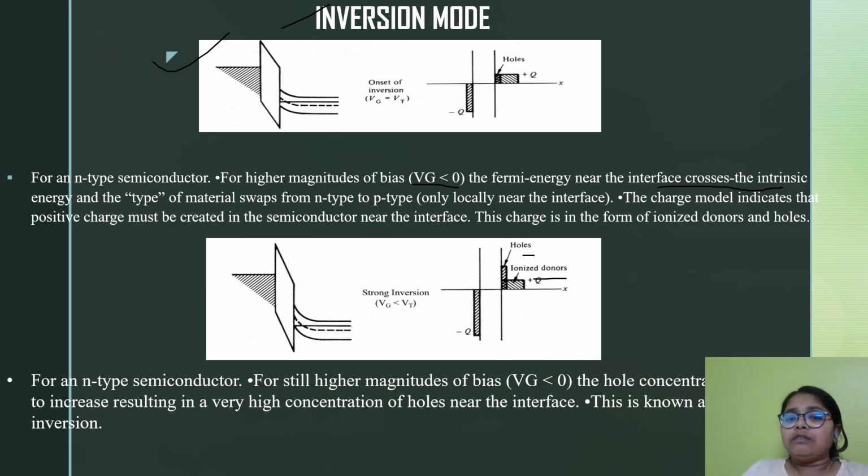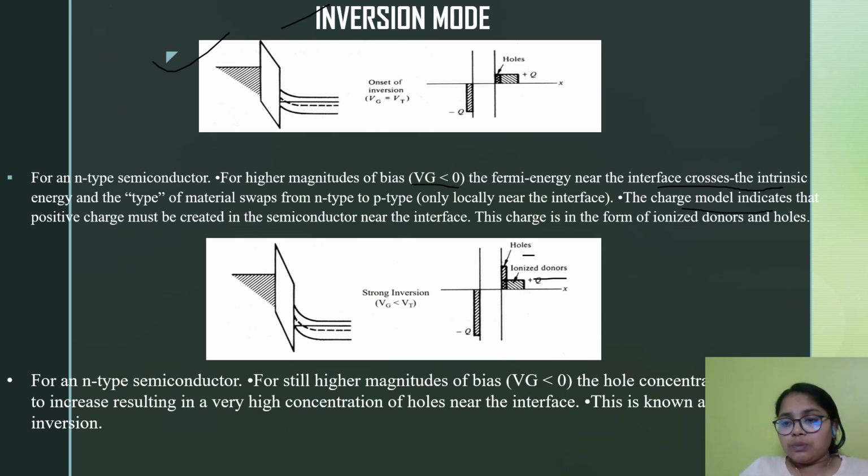So here in inversion mode, we will be having both n-type and p-type at a time, and the swap will be taking place. Swapping of them will be taking place. So the Fermi energy near the interface crosses the intrinsic energy.